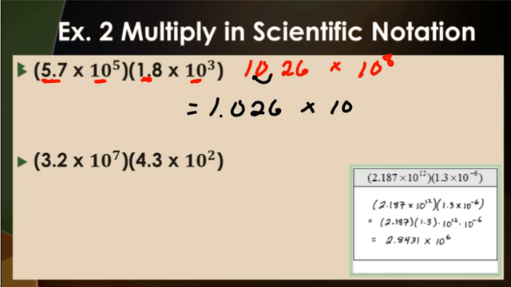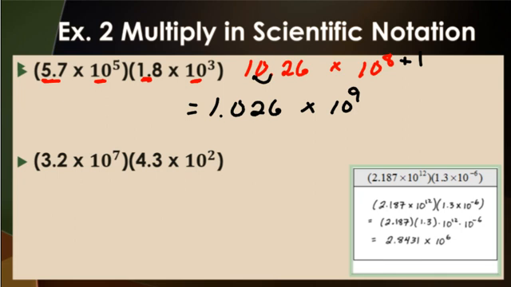Since we gained a decimal place, we have to show that with our exponents. So since we moved it to the left, I add 1 to my exponent, so it would be 10 to the 9th.